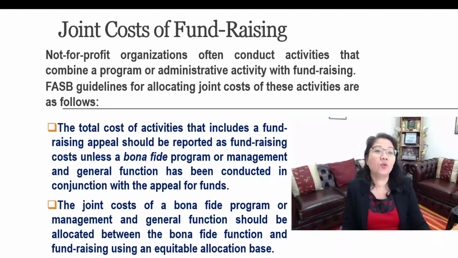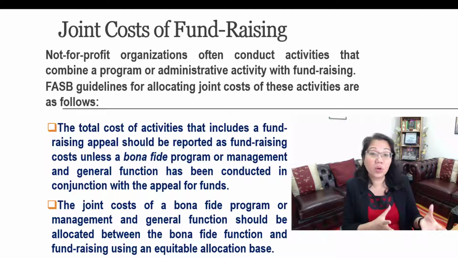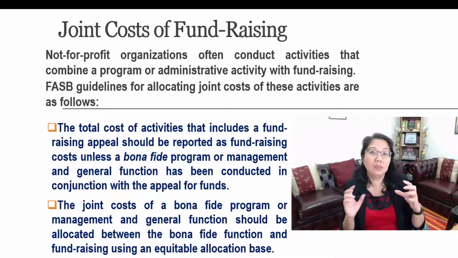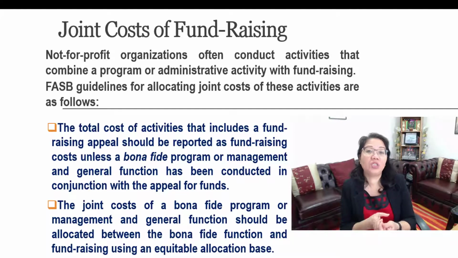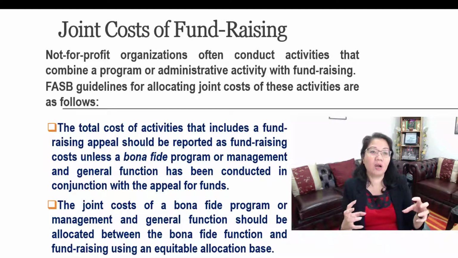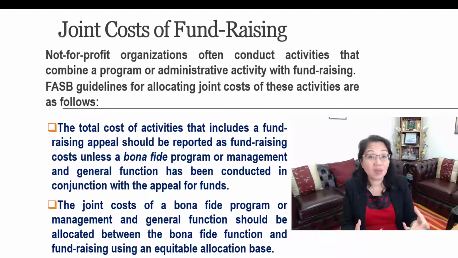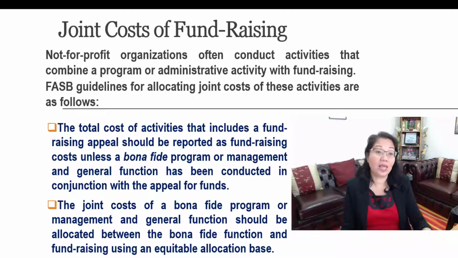Well, not-for-profit organizations often will conduct activities that will combine a program or administrative activity with fundraising. So in the example I have mentioned earlier, when you're doing a door-to-door knocking campaign and you are, for example, promoting health habits, but at the same time, you are also raising funds for people who would like to donate to the NFP.